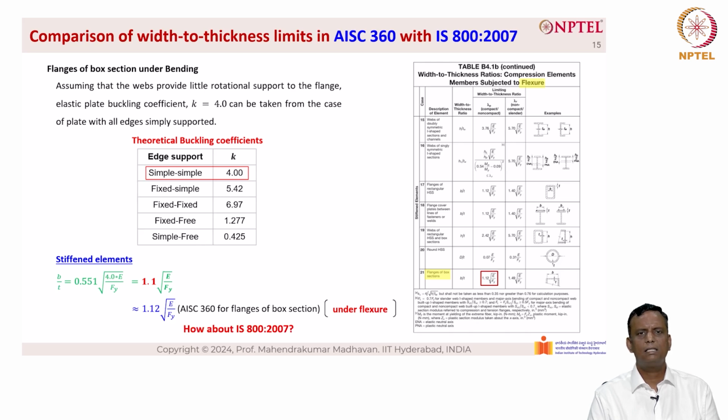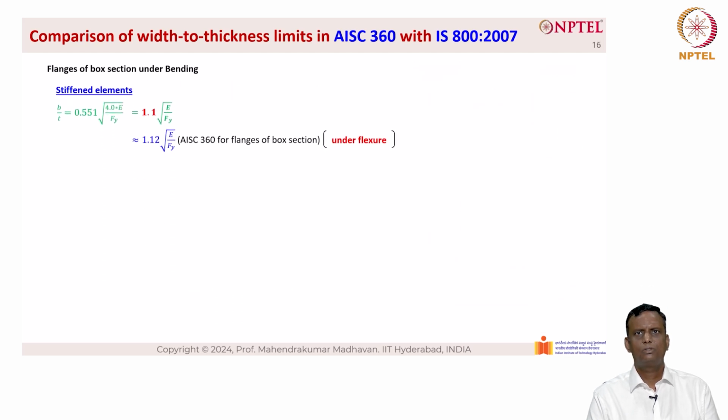How about IS 800 2007? Now, IS 800 2007 is not very conservative, so it takes an average between the simple support conditions as well as fixed support conditions. K value is ranging from 4 to 6.97, and the average value is very close to 5.485. So, when we substitute 5.485 in the above equation, we get a value of 36.49 into root of 250 by Fy.